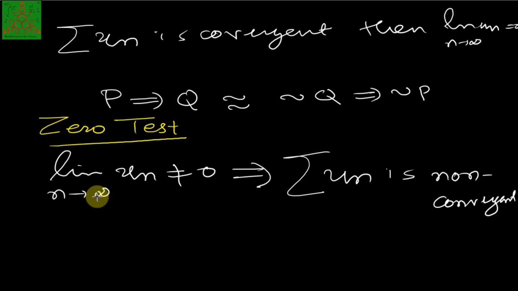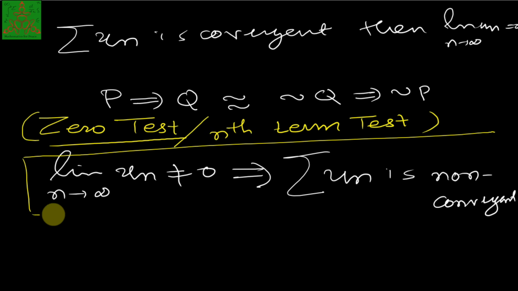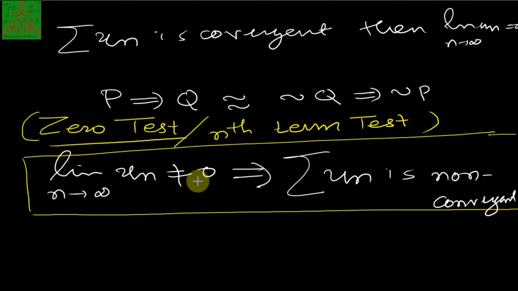If it is non-zero, then definitely we can say that the series is non-convergent. Another name for the zero test is the nth term test. Both names are well known for this test. If the nth term is non-zero, then summation of un is non-convergent.